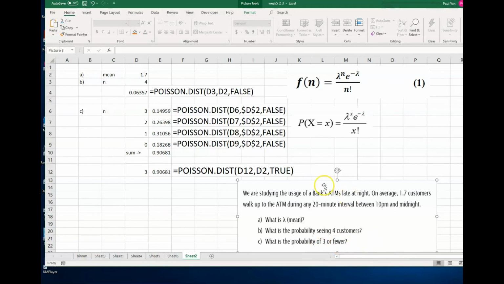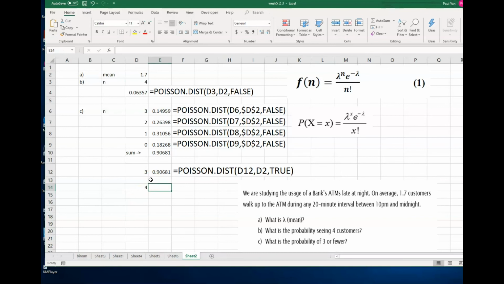This is equivalent to the cumulative density function. So with true, it is cumulative; with false, we look at the individual probability. True is simply cumulative.